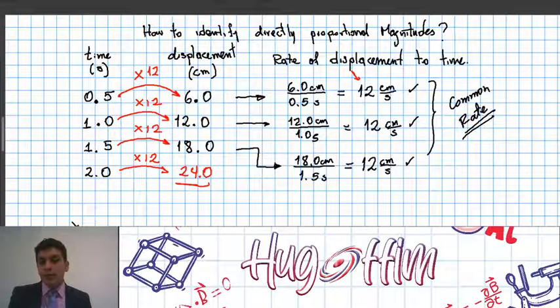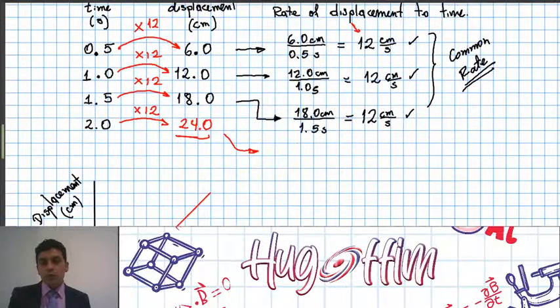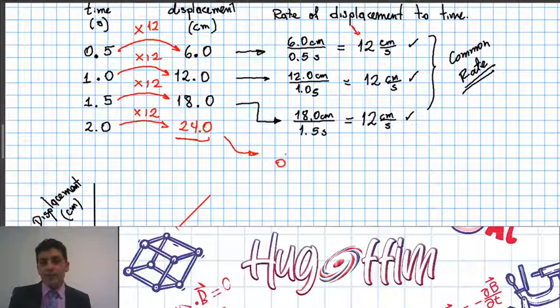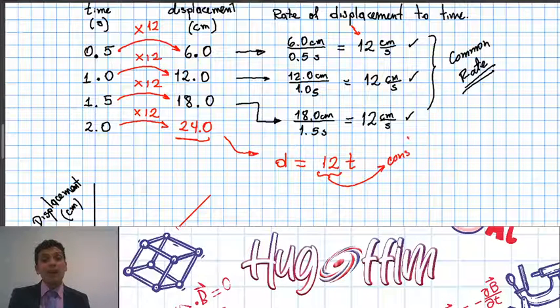For example, you can say here that the displacement is equal to 12 centimeters per second times the time. And we call this 12, the common rate, the constant of proportionality.